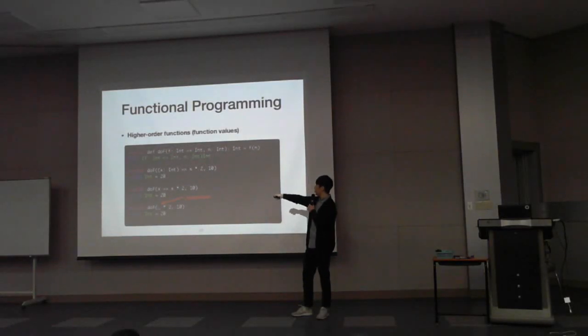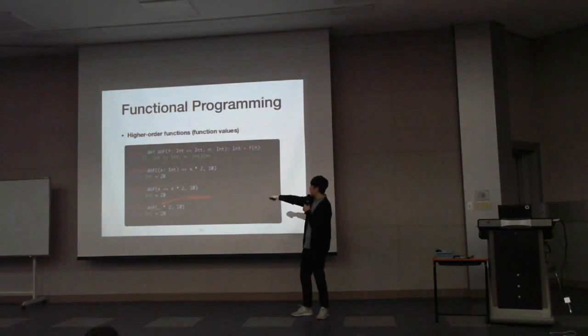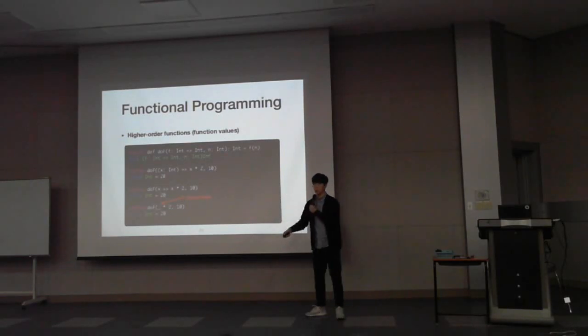So we pass this double function as the first argument and the second argument is 10. Then automatically this function value is assigned to f here, and 10 will be assigned to n. Then n is 10, f is the double function. So we call it, so this number 10 will come here. So x multiplied by 2 is 20.